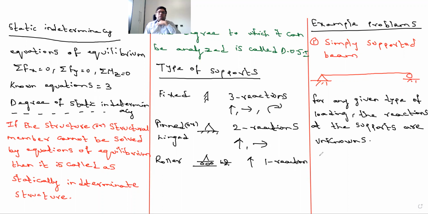For any given load, we need to calculate the reaction at support A and the reaction at support B. That's what we need to calculate. We don't know initially. So how do we calculate the degree of static indeterminacy?